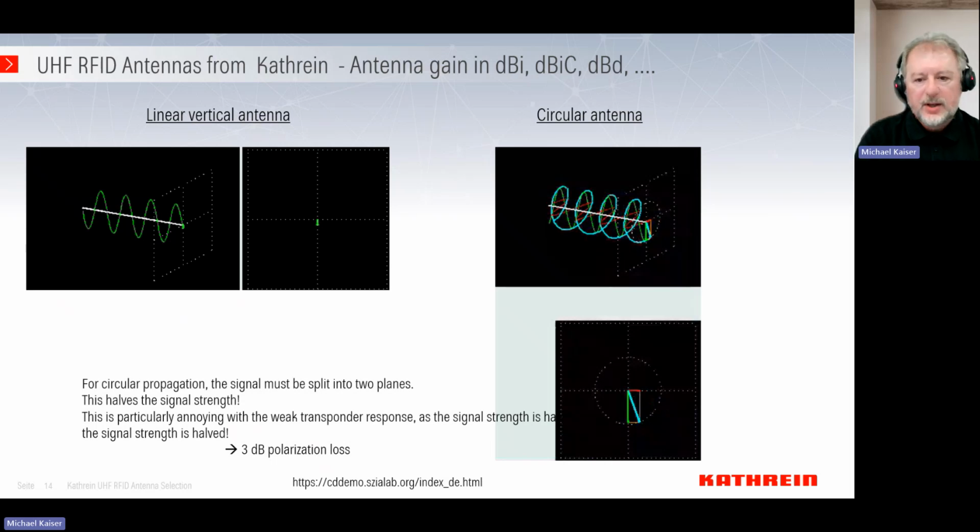In the forward path, we can increase the power, of course, to overcome this 3 dB, but the backward path will reduce the power by 3 dB, by half. But for a logistics application, at 1 meter, 3 meters, 5 meters, 10 meters, the alignment of the antenna is more important. That's why in this case, we would recommend a circular antenna.